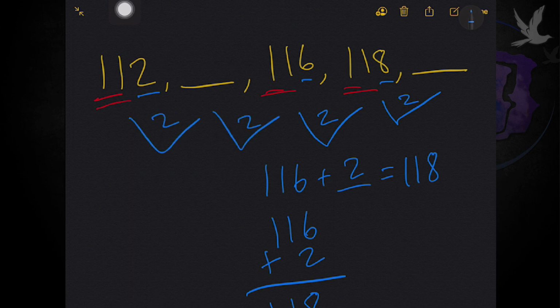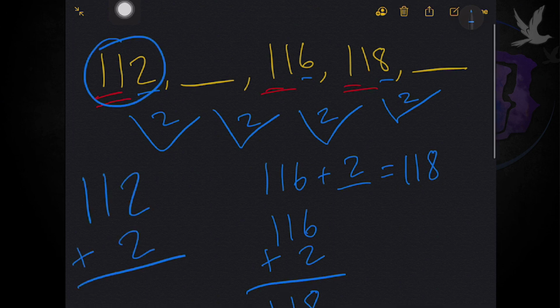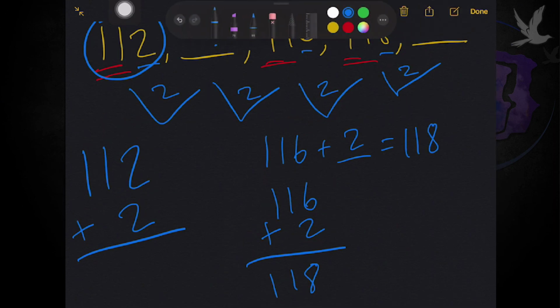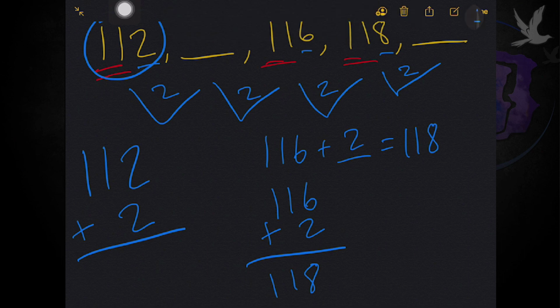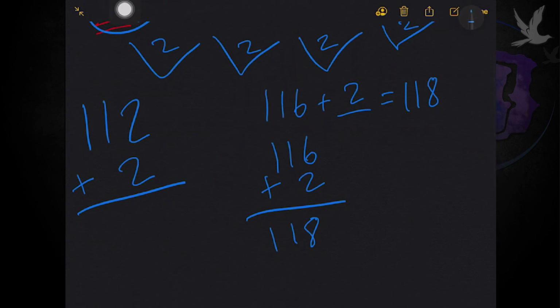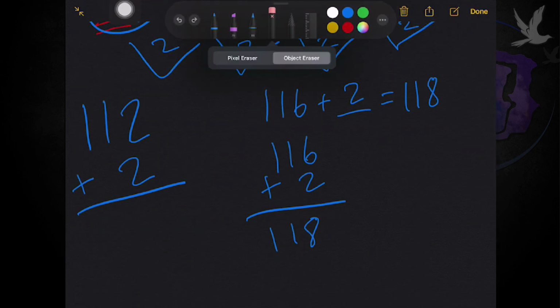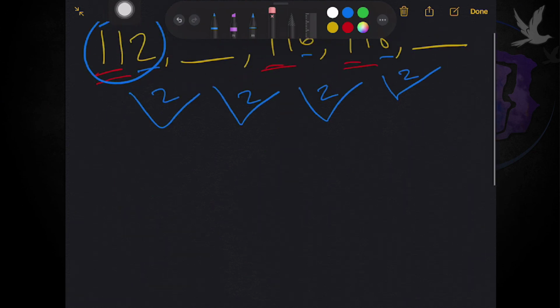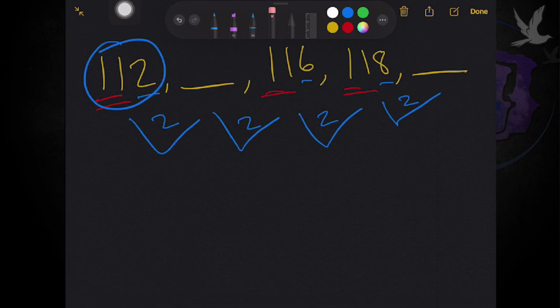So for this number 112, all you have to do is add 2 to it to give us the next number, which is this one. So 112 plus 2. I will just remove this to make it easier to see. So we have 112 there.